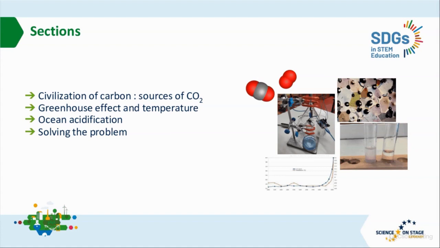Then, after covering the greenhouse effect, we think it's good to analyze how the carbon dioxide can be absorbed by the water and how that absorption can turn into an acidification of the water in the oceans. And finally, after analyzing all the different problems, we encourage students to come up with a solution. That's why the title of the unit is Think Global and Act Locally.